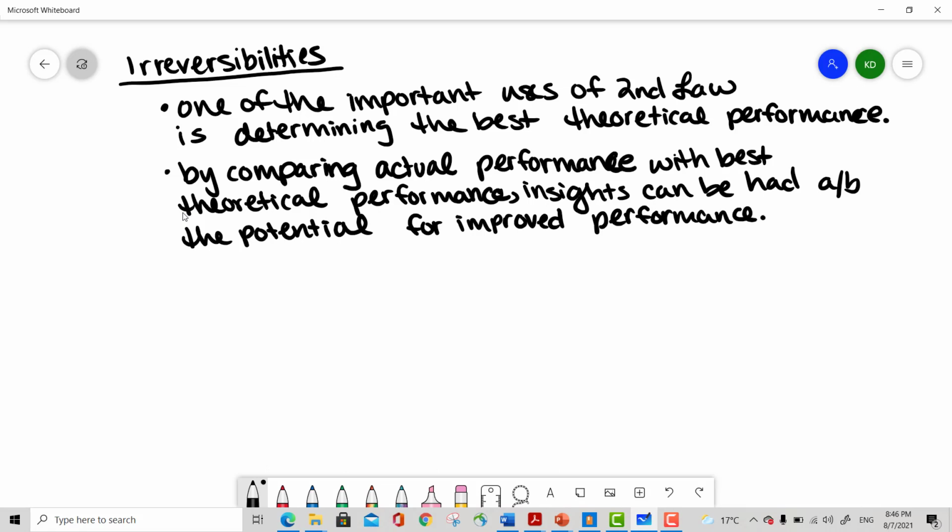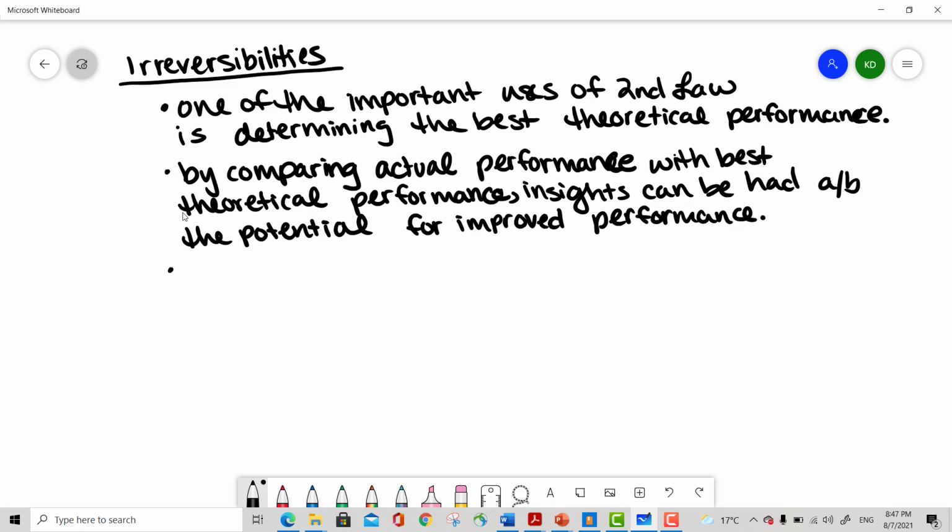Okay? And then best theoretical performance is evaluated in terms of idealized processes. Of course, an idealized process is the best that you can imagine, right? So it's going to be for sure better than any sort of actual performance or process. It's when we are firing on all cylinders, everything is running exactly as the best case scenarios we can plan.